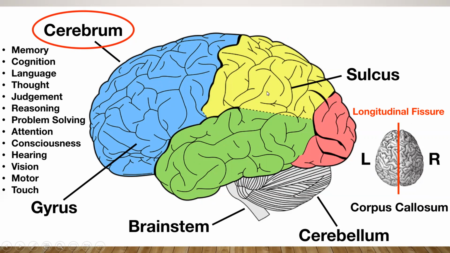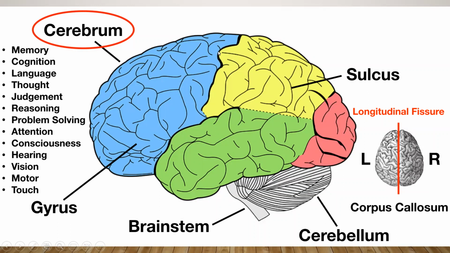So back to the cerebrum here, which is the largest part of the brain. This controls memory, cognition, language, thought, judgment, reasoning, etc. It does a lot for us.